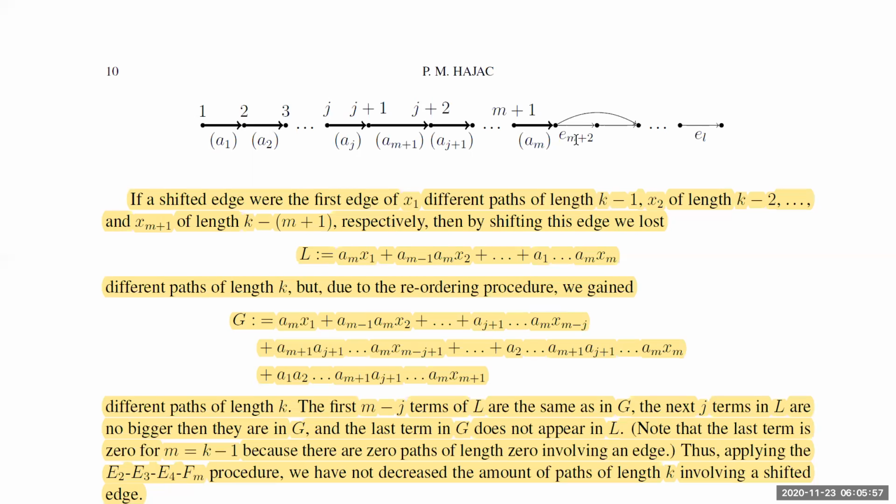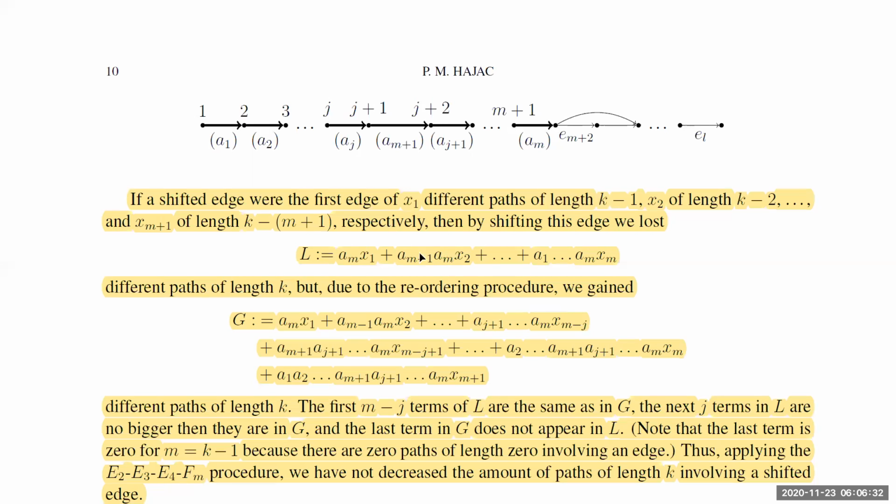But because we moved a shifted edge, which used to start here at m plus 1 and end at m plus 2, when we look at all paths of length k minus 1 that have our shifted edge as the first edge, then we lost the number of edges here times the number of these paths. So this is a_m.